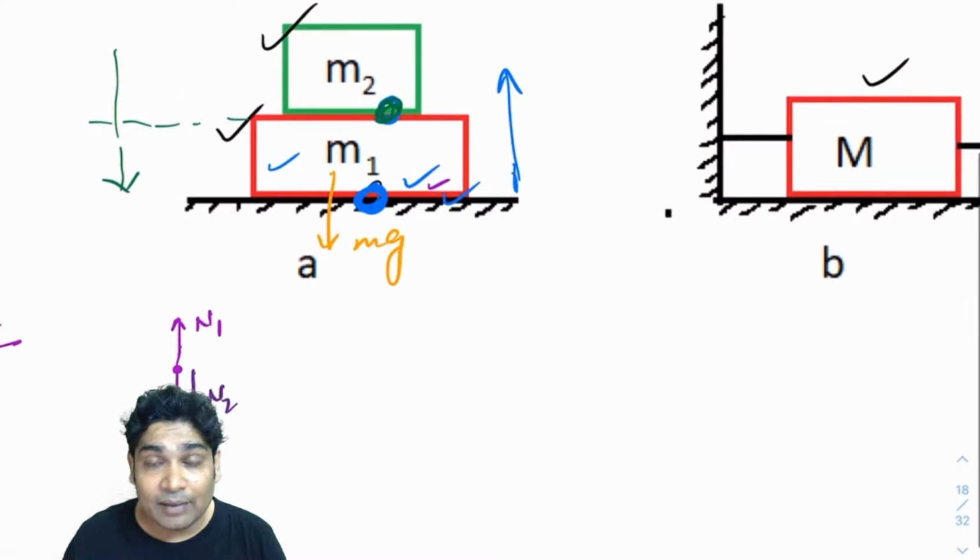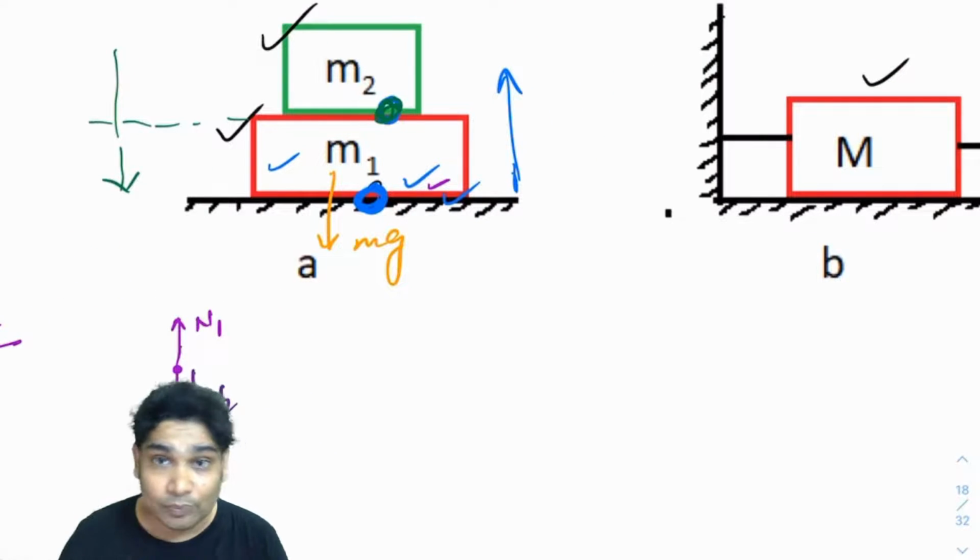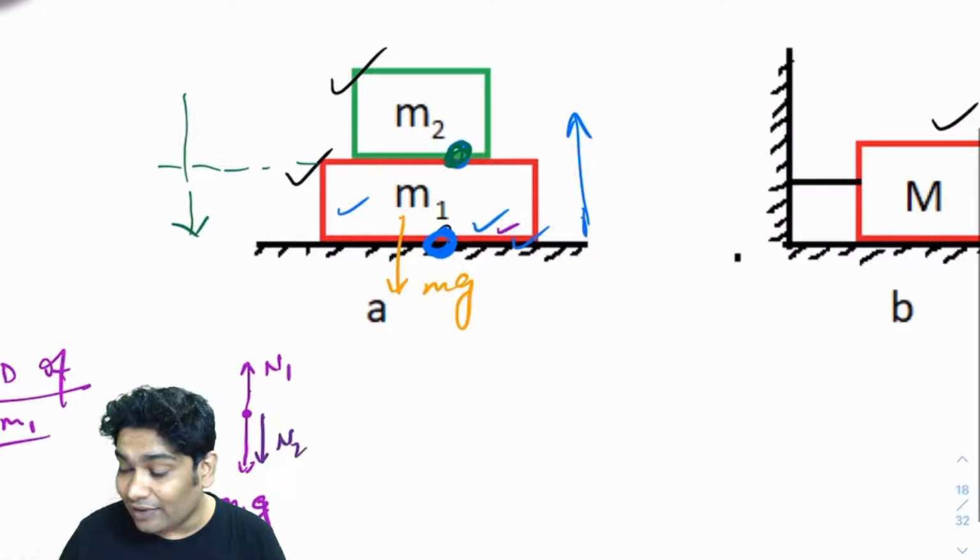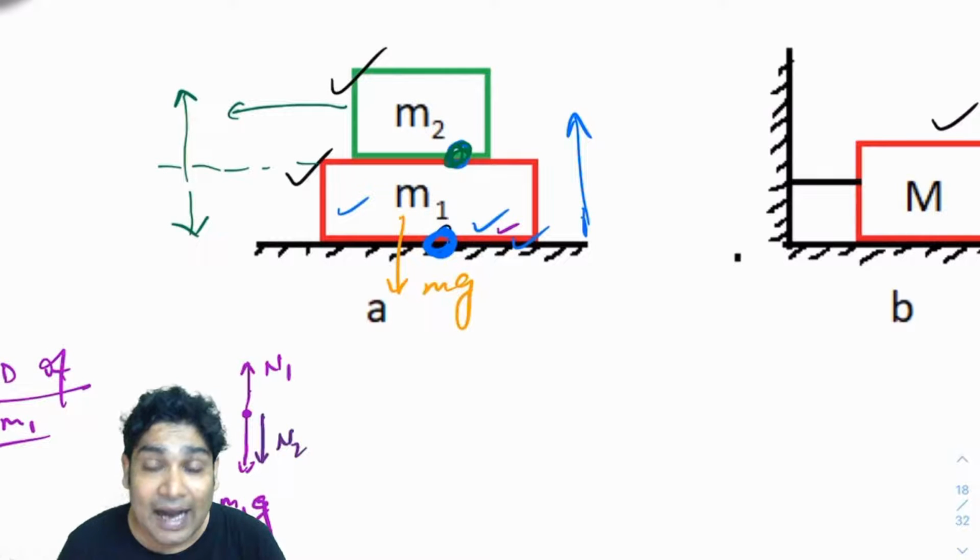Similarly, when I am trying to draw the FBD of M2, on M2 again you will have a normal reaction, which would be a push. This guy should feel a normal reaction in this direction, and of course the force of gravity.